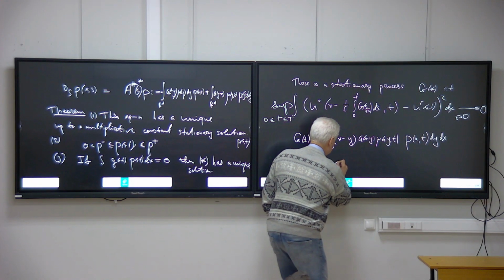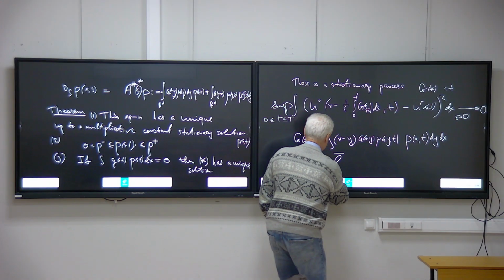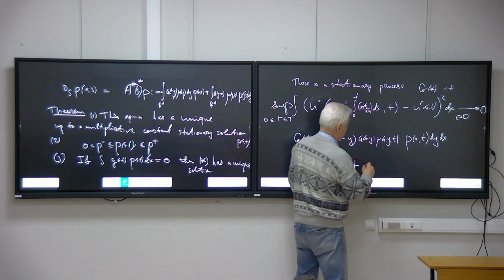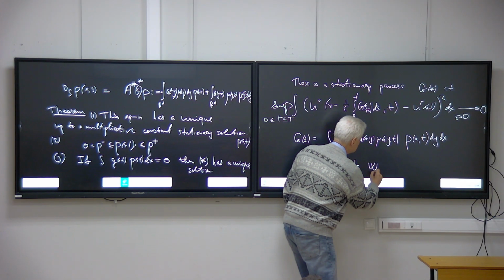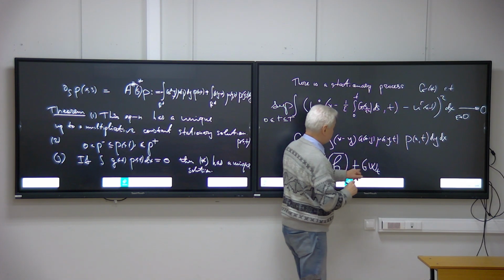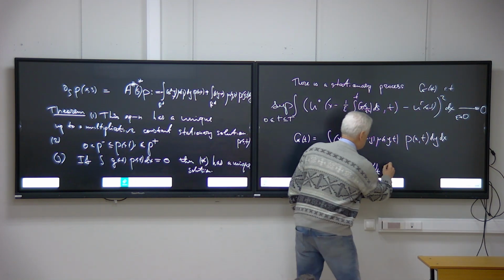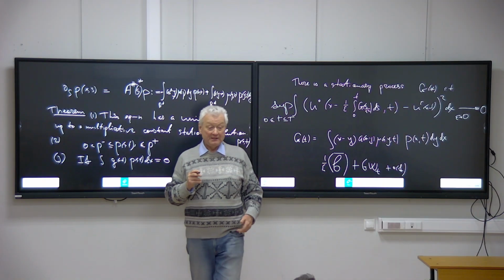So this can be represented as B bar, 1 over epsilon, B bar, plus sigma W_t, with constant sigma and a d-dimensional Wiener process, plus o(1), little o of 1.